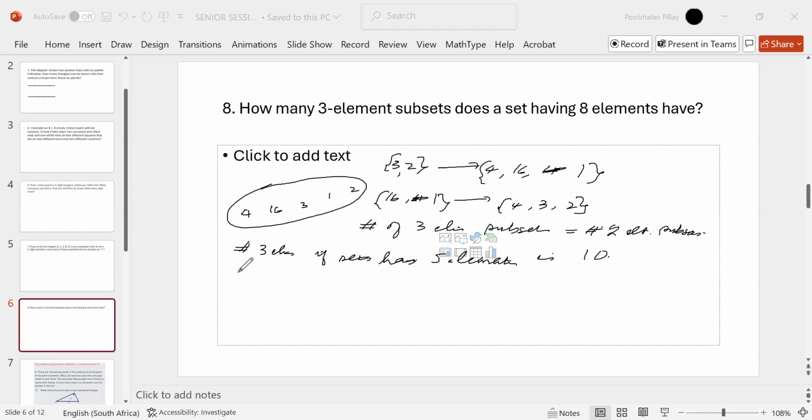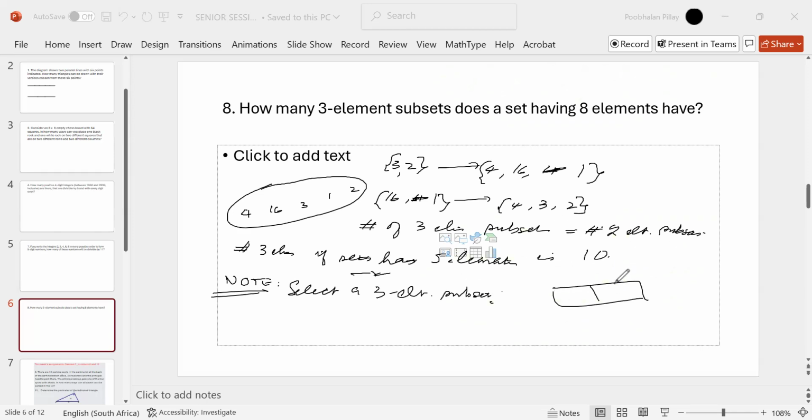Now, I want us to argue as follows. Suppose I want to choose, so select, a 3-element subset. Right. The way we did before.